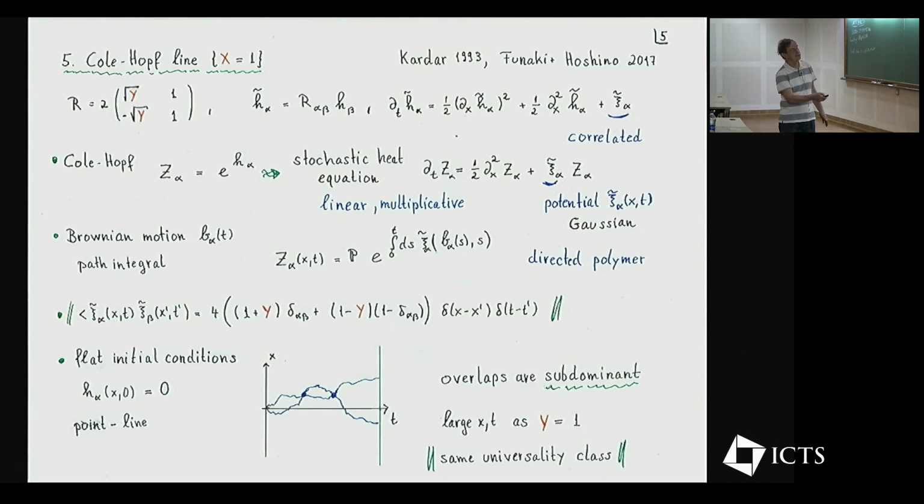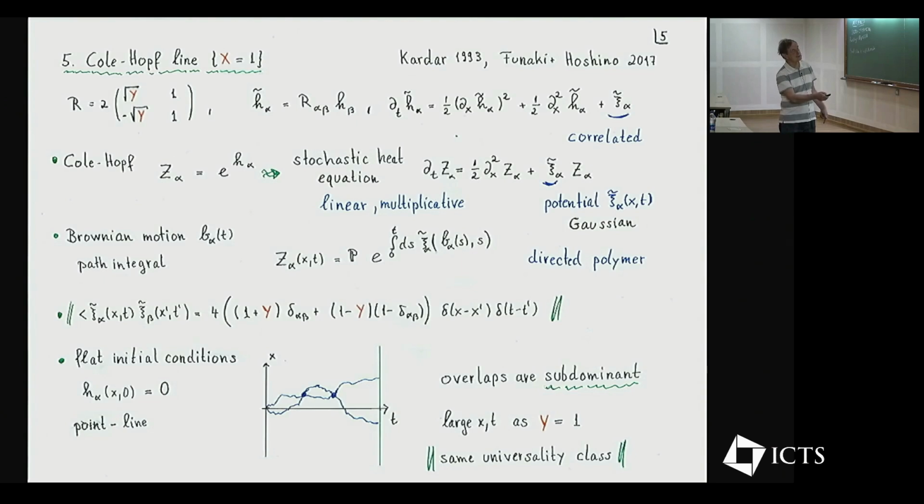The main important thing is that you have this Brownian motion path, and there are two of them, one for component 1, the other for component 2. Now you have a weight which is simply this integral, integrating this random potential along the path. So this is the x coordinate and that's the s coordinate.